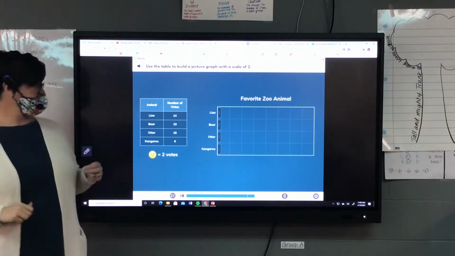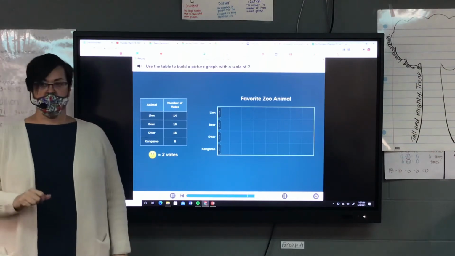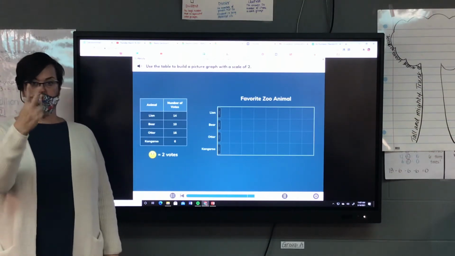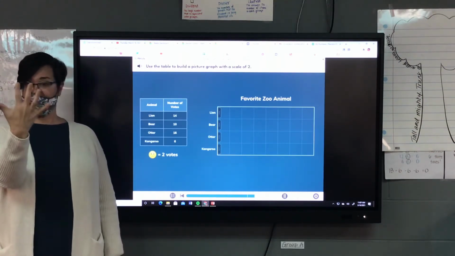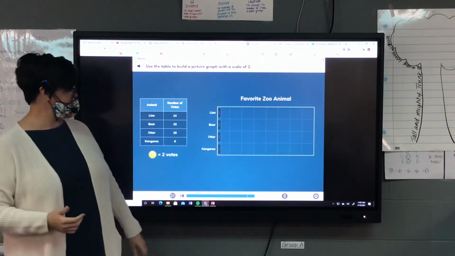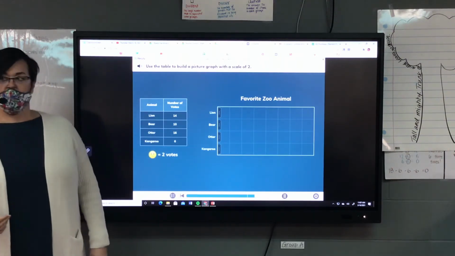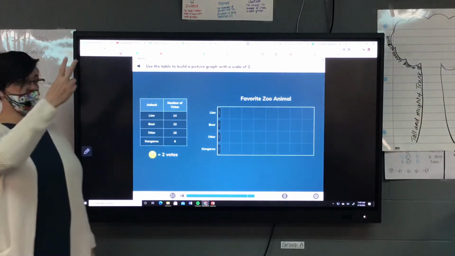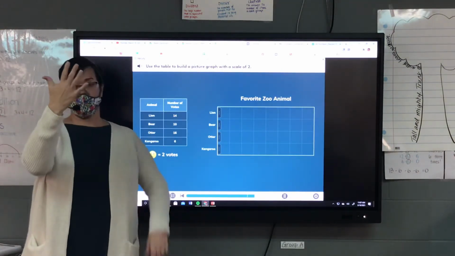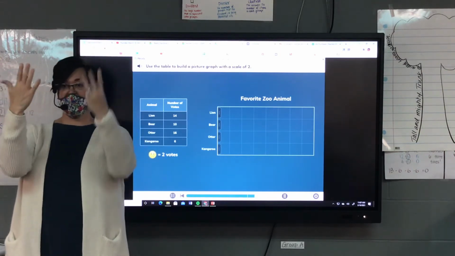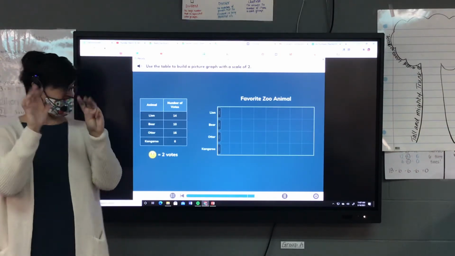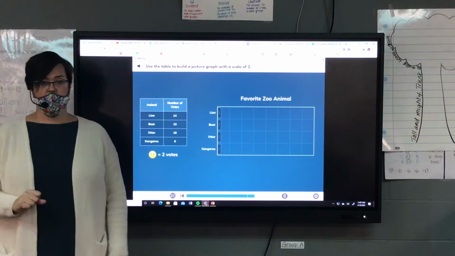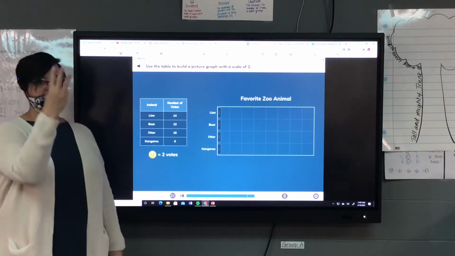So 7. What about the bear? 2, 4, 6, 8, 10. There will be 5 smiley faces there. Otter? 8. 2, 4, 6, 8, 10, 12, 14, 16. 8. Kangaroo? 3. 2, 4, 6.